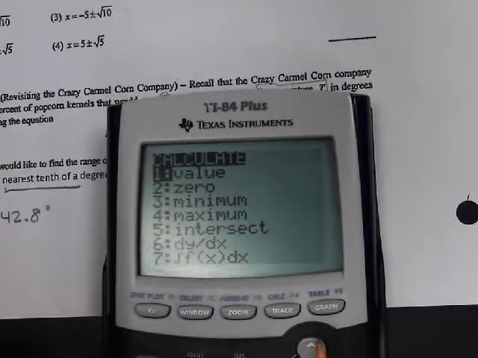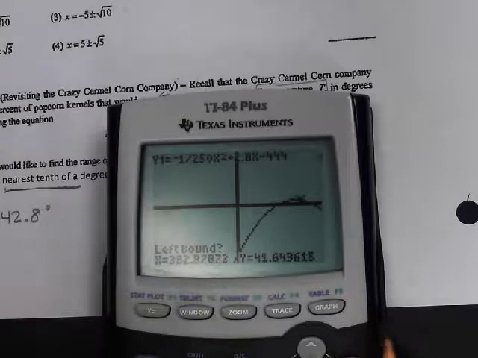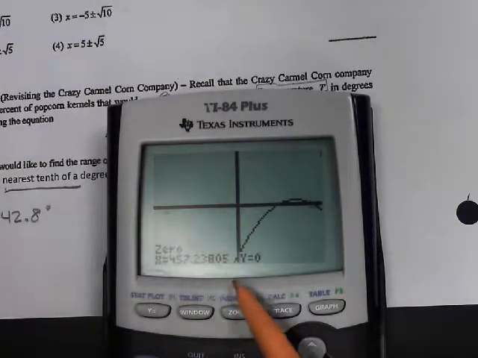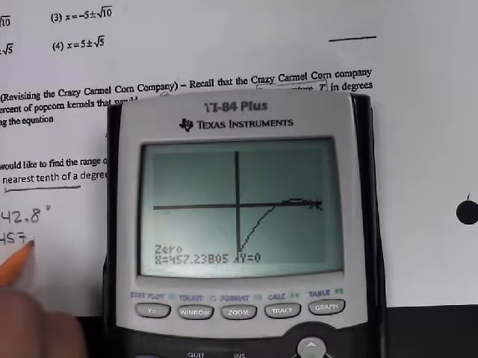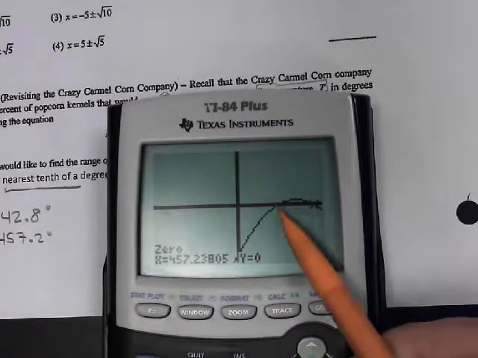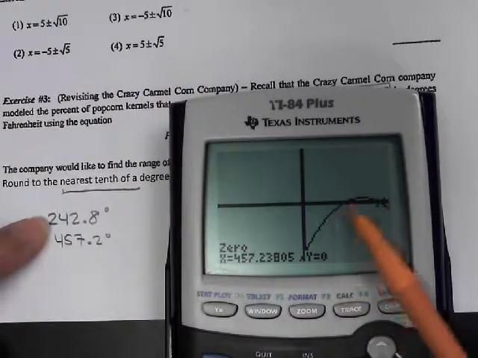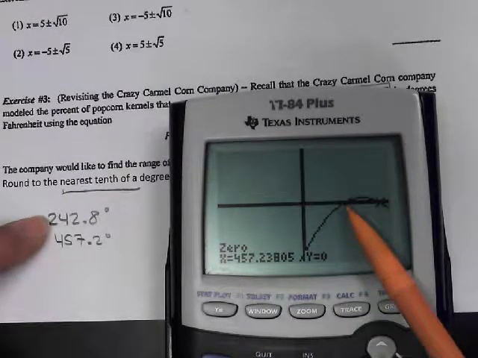Second trace. Find your 0. Left bound. Right bound. Enter. 457.2 degrees. So anywhere in between those two numbers. So here, prior to 242 degrees, if it's not warm enough, we're going to have way too many leftover kernels.